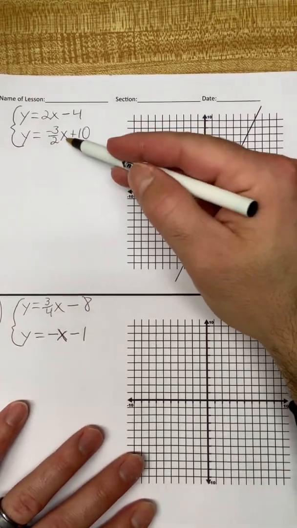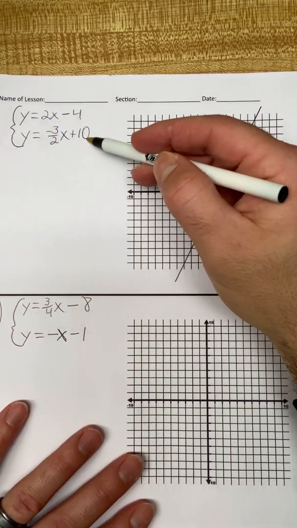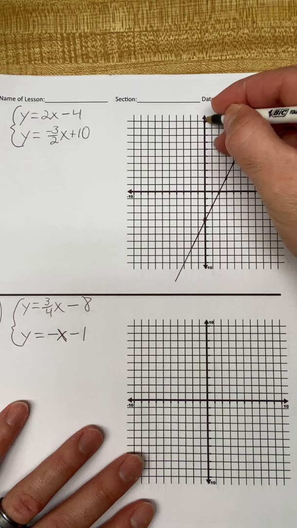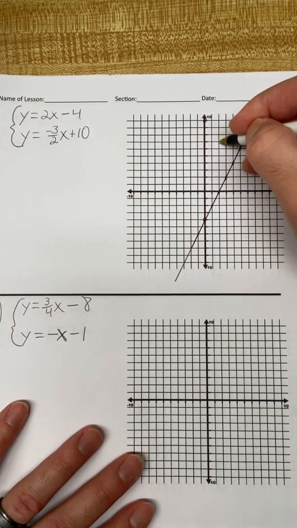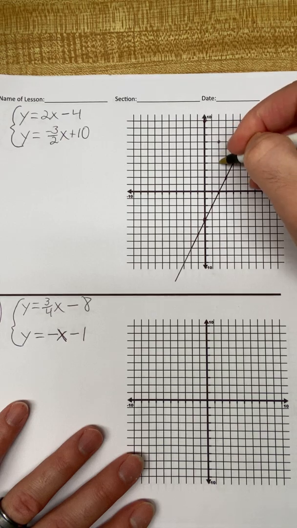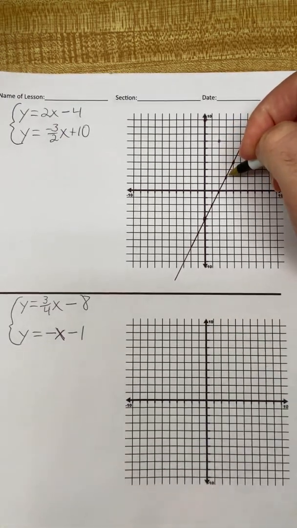Next up, I got this line, y equals -3/2 x plus 10. So my y-intercept's up here at 10. I got a slope of -3/2, so down 3, right 2. Down 3, right 2. They're going to intersect right there.